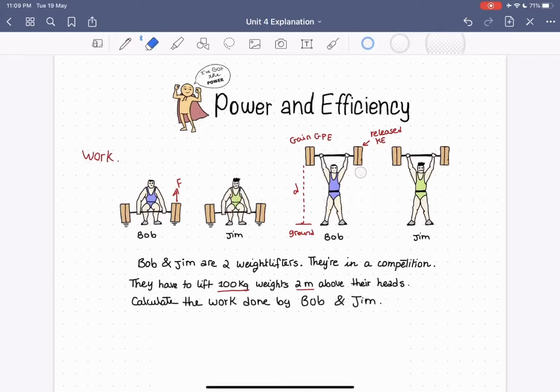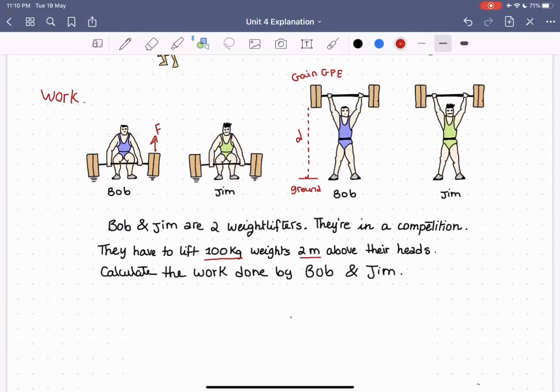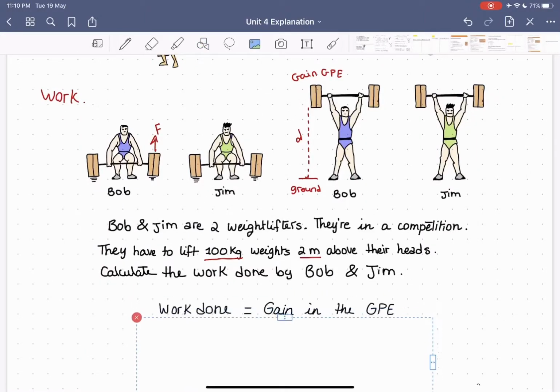Okay? Now we don't need this part. We just want to know what is the work done by Bob and Jim. So by what we just analyzed, we can say that the work done is equal to the gain in the gravitational potential energy.